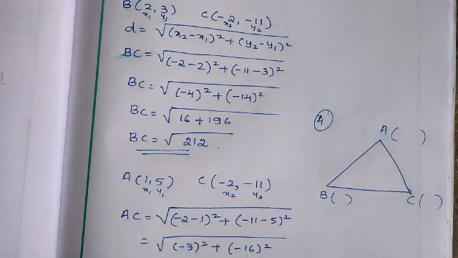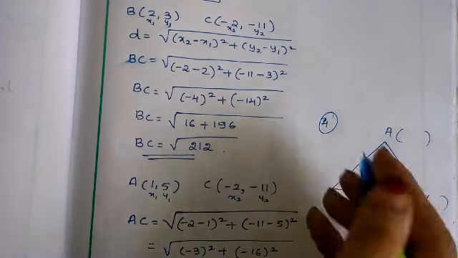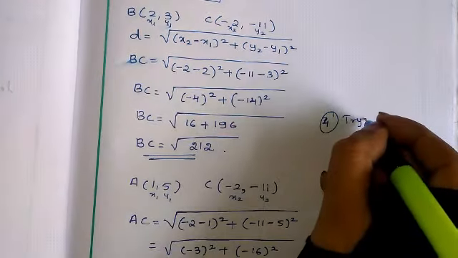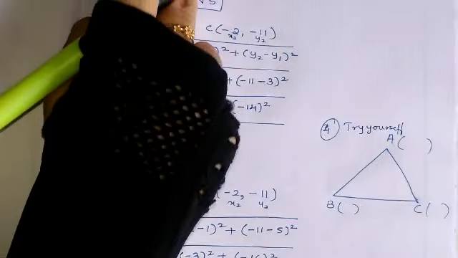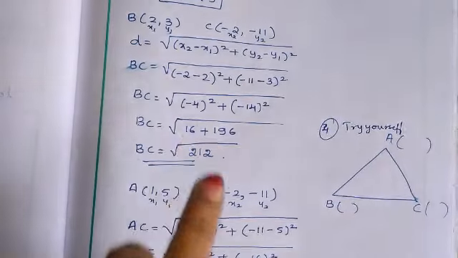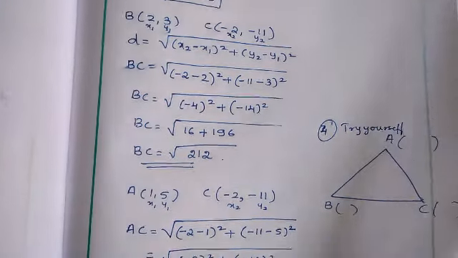If you get two sides equal and one side different, then you can write it is an isosceles triangle. If you didn't get that, then you can write it is not. Okay, check by yourself. Fourth one, try yourself, which is very easy. AB side by distance formula, BC side by distance formula, AC side by distance formula. You have to do it. Okay. Now let me see the fifth problem, what they are saying about.